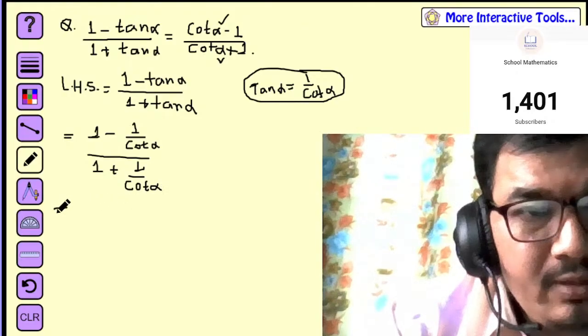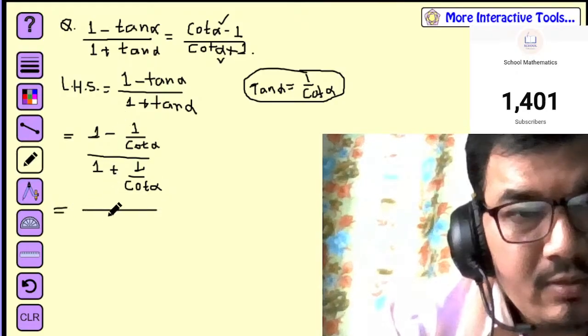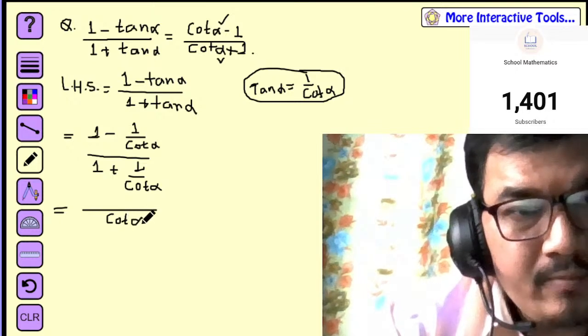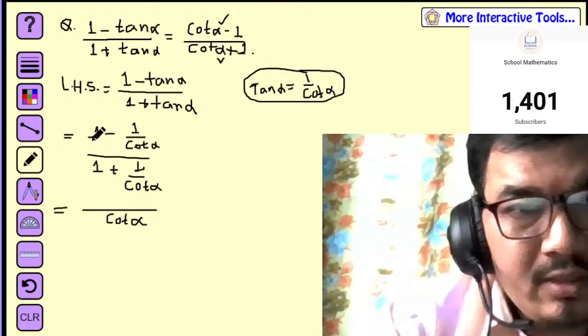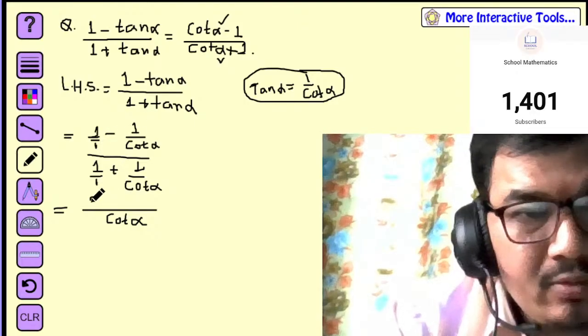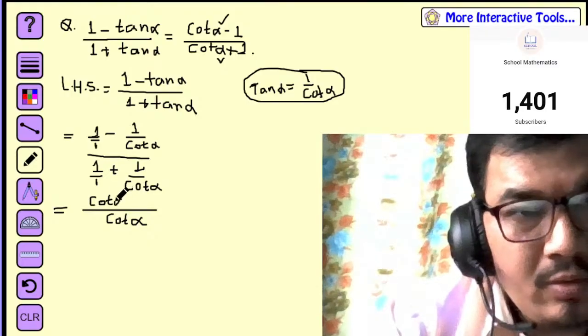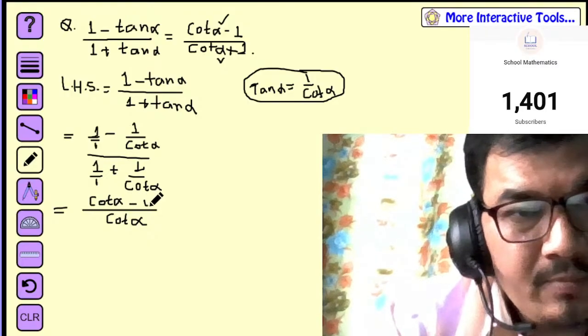Then now if we take LCM here of cot alpha, right here cot alpha, then cot alpha will, here is down 1. Then this cot alpha will multiply with 1 and this 1 multiply with this 1, and here remain 1 into cot alpha means here will be cot alpha minus 1.